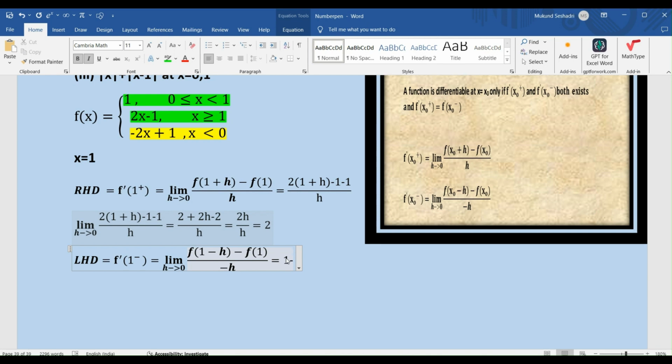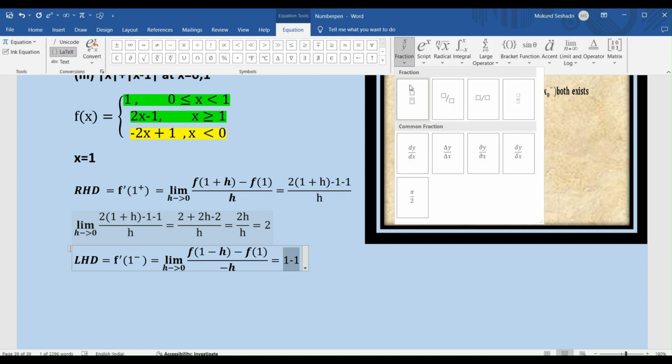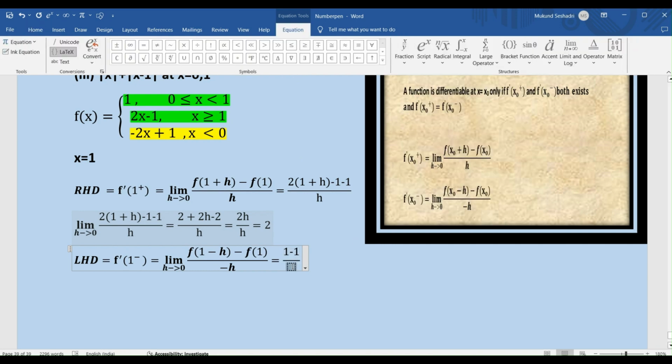Which we calculated in our earlier problem. So what is that? That is also a 1. So I have a 1 minus 1 in the numerator, and I still have a h in the denominator with a negative sign. So I can call it minus h. So I have a 0 by minus h, which is nothing but 0.